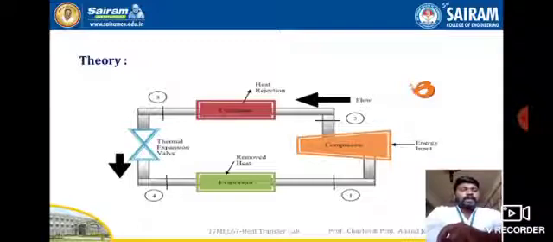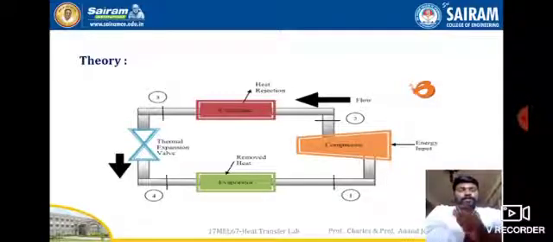That high pressure, high temperature refrigerant moves on to the condenser. In the condenser, heat is rejected from the refrigerant to the atmosphere, and it is cooled. In the condenser the heat is rejected and the pressure remains the same. Then it moves on to the expansion valve.